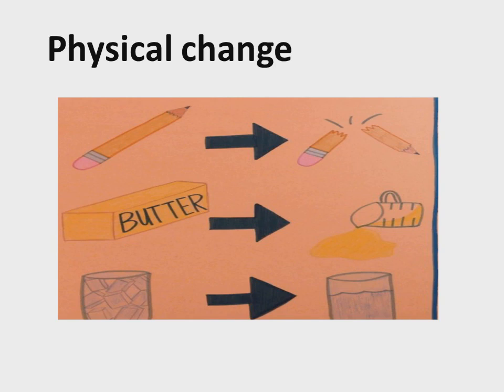The formula of the water remains the same except the change in the states of matter occurs. So such type of changes are called physical changes. The starting and ending materials of a physical change are the same throughout. Even though they may look different, they are still the same.